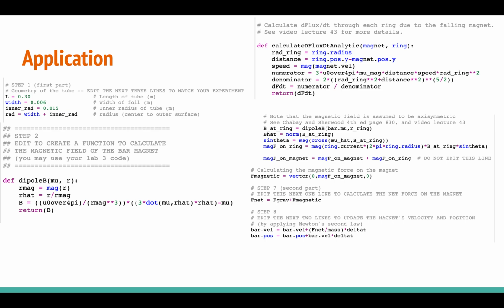We then created a function to calculate the dipole moment, or the magnetic field due to a dipole. We also were able to calculate the change in flux over the change in time. And we were then able to use this in order to construct our computational model.